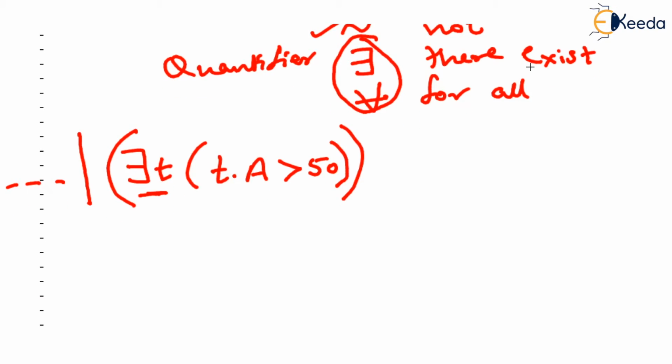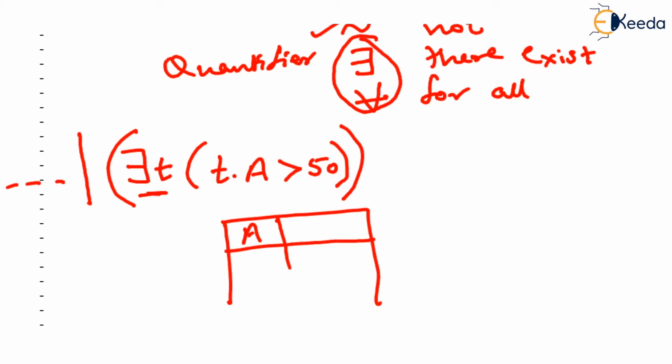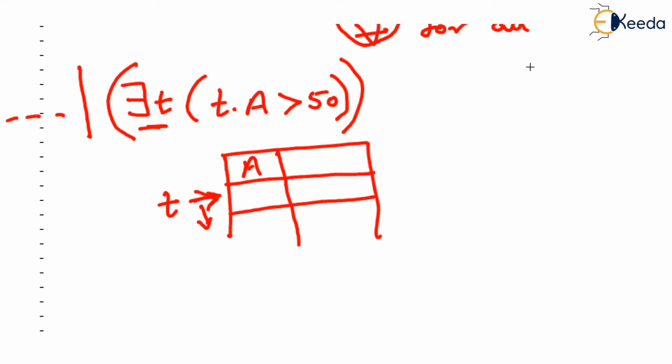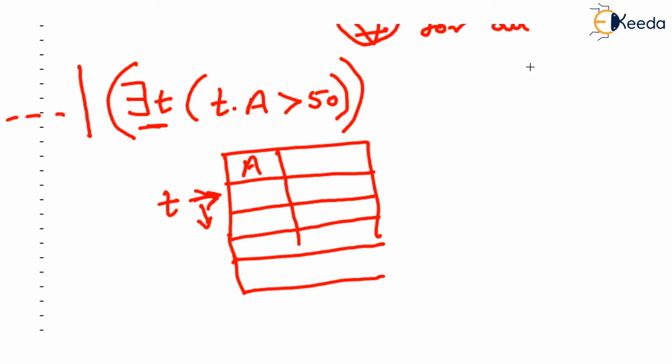So let's say there is a relation which has a column a, and this t is a variable which traverses the tuples of this relation. Just imagine the values of a in this entire relation. Let's say this relation has 4 tuples, and the values of a are 10, 20, 30, 40.